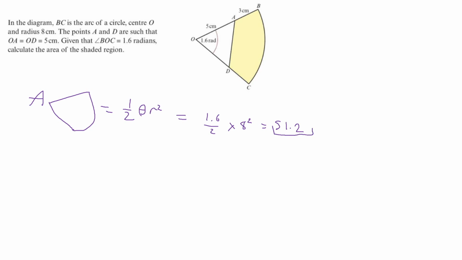Now what we need to do is work out the area of just the triangle. Yeah? And that is going to be a half ab sine C, okay? Which is the same as what we were told. We're saying OA is equal to OD. So that's going to be a half times 5 times 5 times sine 1.6. Okay? Now, what we can do is we can adjust our calculators into radians.